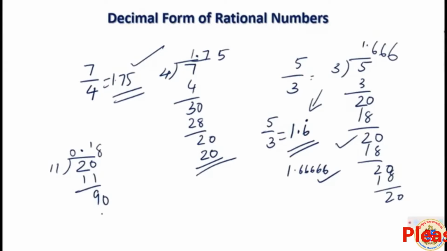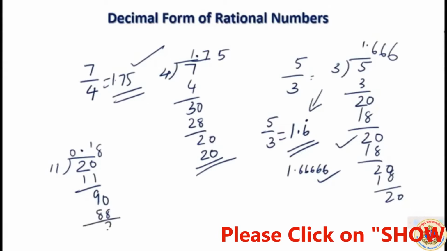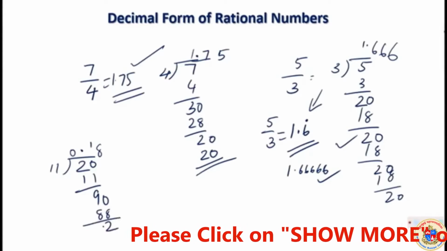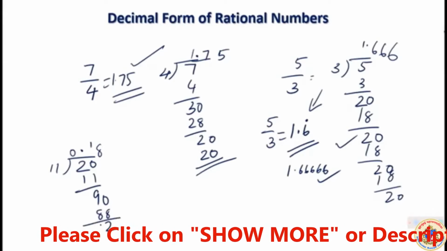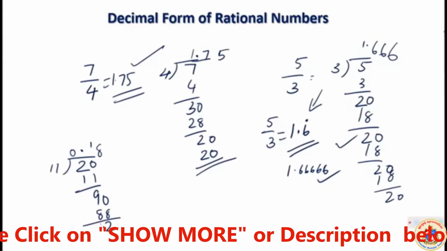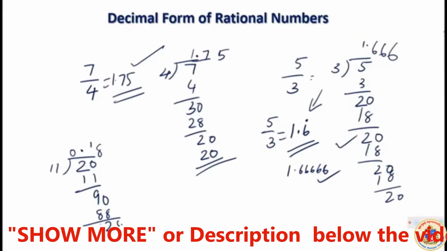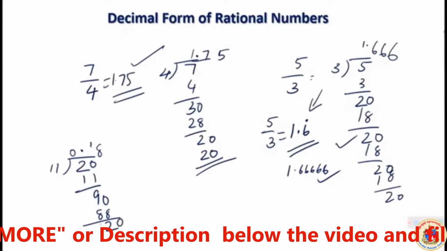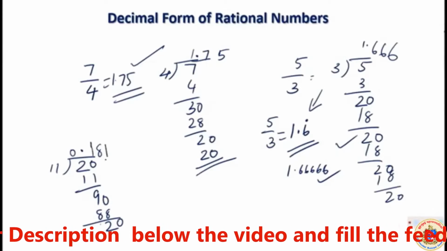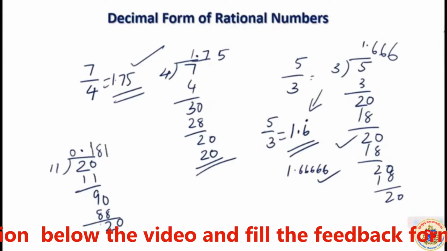It will go 8 times, 88, and 2 remains. Again you will put 20, and here you have put 1, no? Again 1 here.